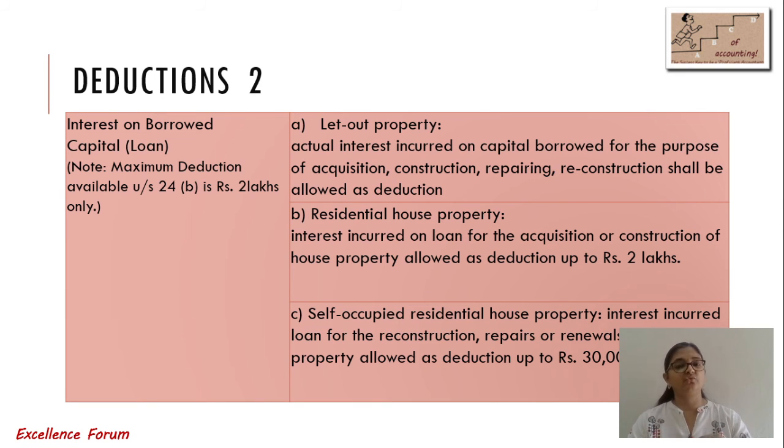Whereas, in case of a self occupied residential house property, interest incurred on a loan for acquisition or construction of the house property is deducted up to rupees 2 lakh. And in case of capital borrowed for reconstruction, repairs, and renewal of that property, the amount allowed as a deduction is rupees 30,000.